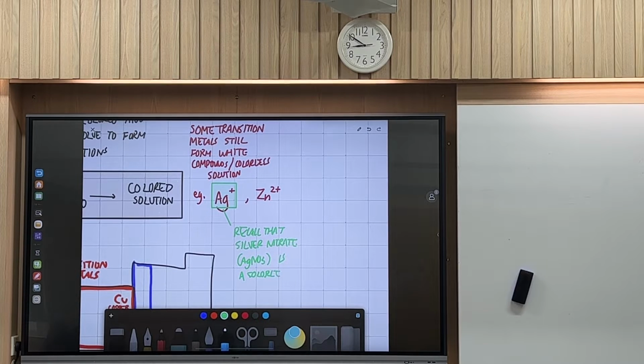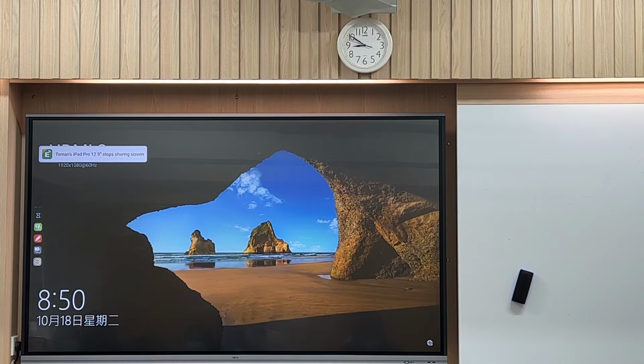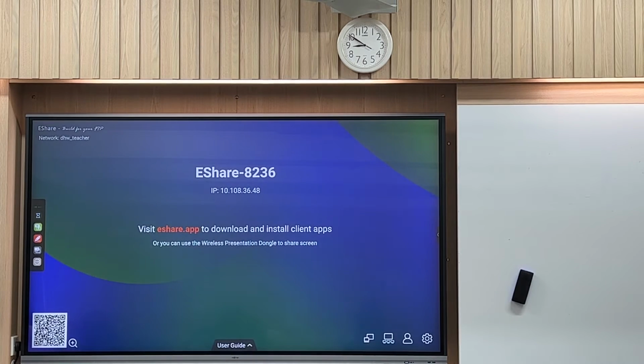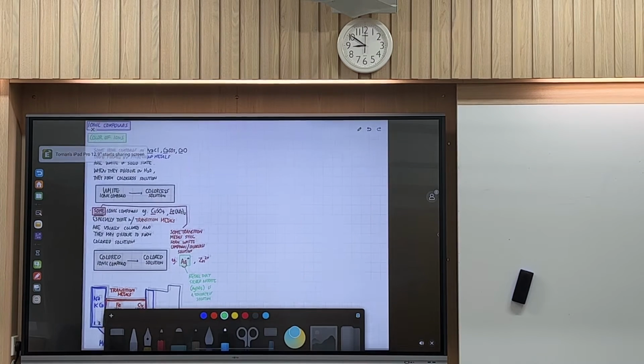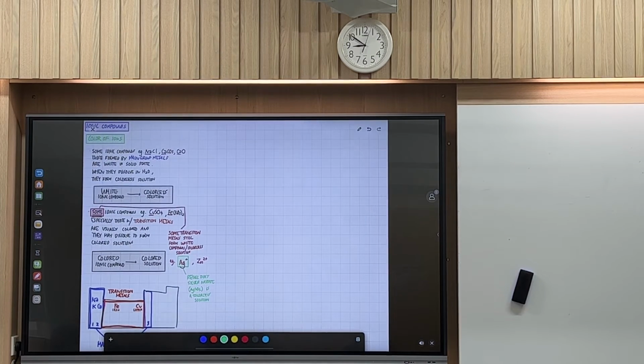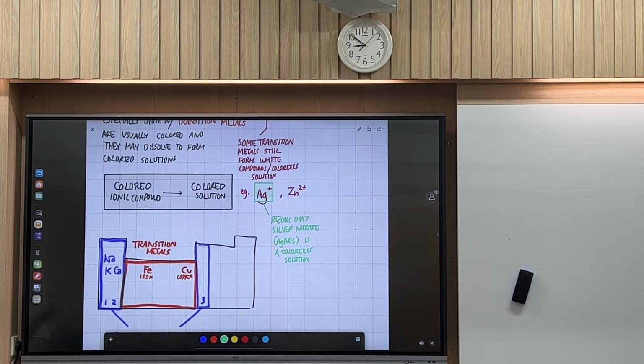So that makes sense. So just remember that silver nitrate is a colorless solution because it contains silver ion.